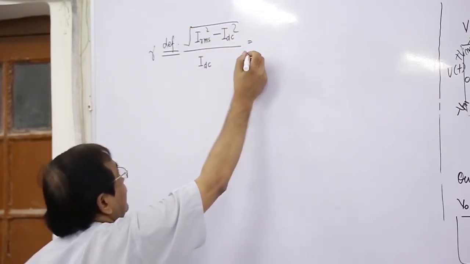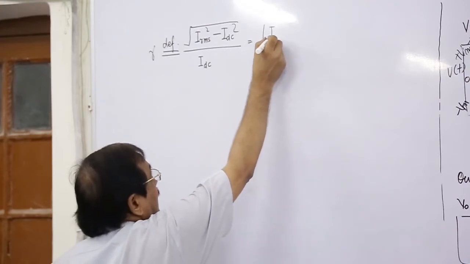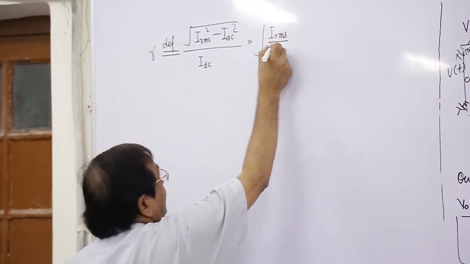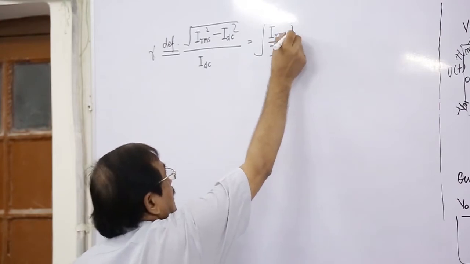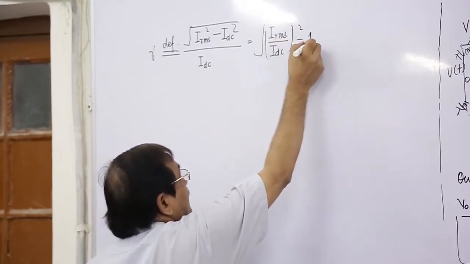So, you find this is nothing but IRMS upon IDC whole square minus 1.